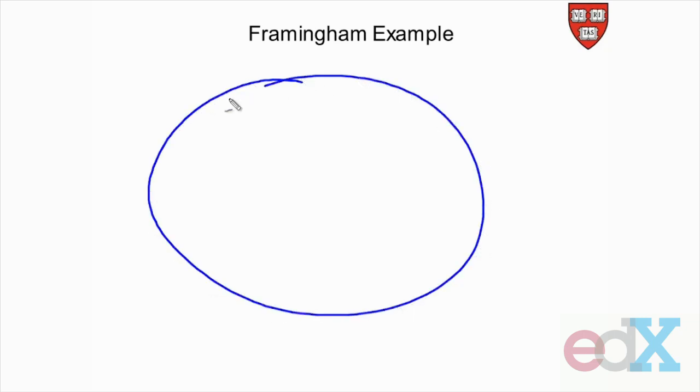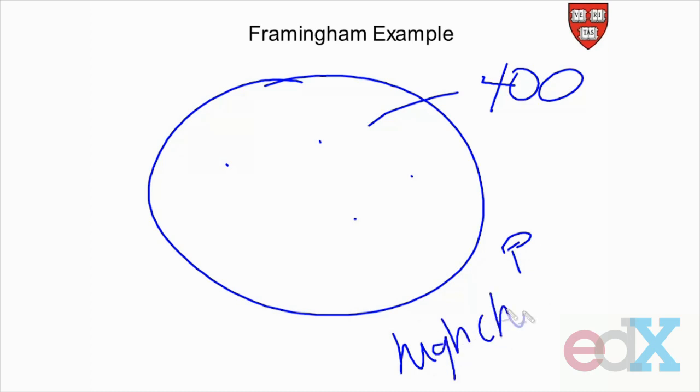So instead, there's this entire Framingham population, and they've decided, well, let's just go in and ask maybe 400 people to return and come back in and get their blood sampled again, so that we can just get some estimate of P, which is going to be the prevalence of high cholesterol. And they just wanted some idea of what that prevalence of high cholesterol was at baseline in their cohort.